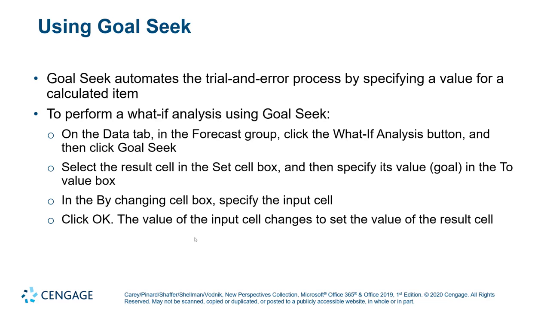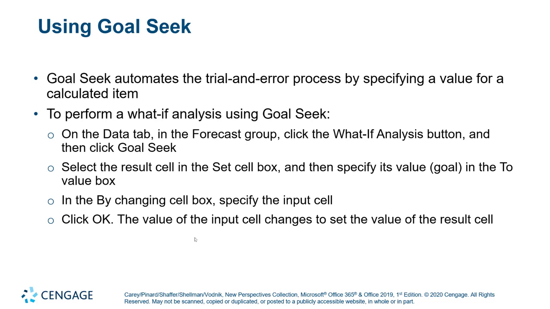You will like this feature. Goal Seek automates the trial and error process by specifying a value for a calculated item. To perform what-if analysis using Goal Seek, on the Data tab in the Forecast group, click the What-If Analysis button and then click Goal Seek.